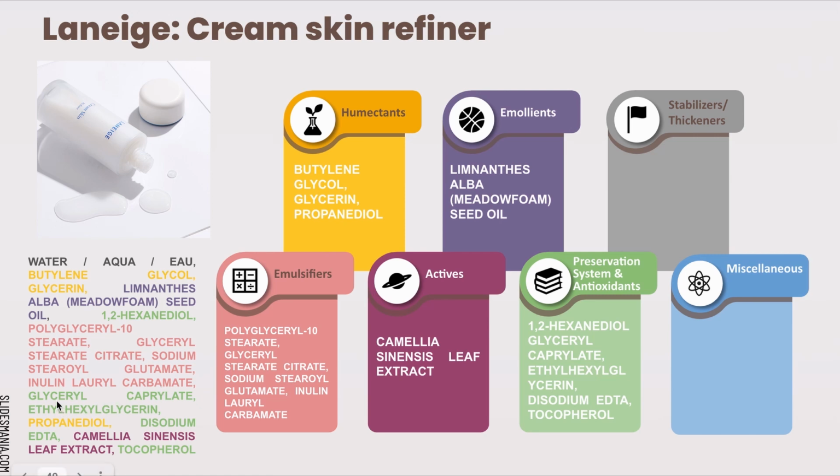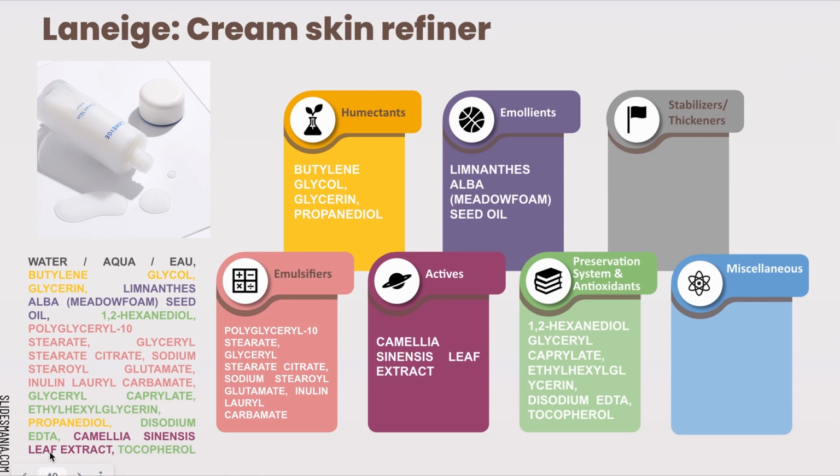Then we have the glyceryl caprylate and ethylhexyl glycerin that are part of the preserving system, and the disodium EDTA as well, which is a chelator. And you see at the end of the list we have the tocopherol, which is inserted in the preservation system, an antioxidant, and that's exactly an antioxidant that prevents the oils from oxidation, and so this increases the shelf life of the product.